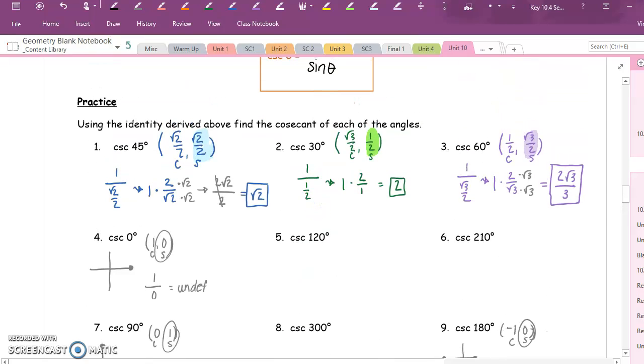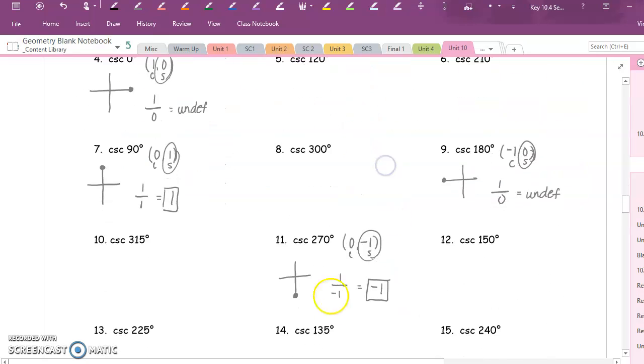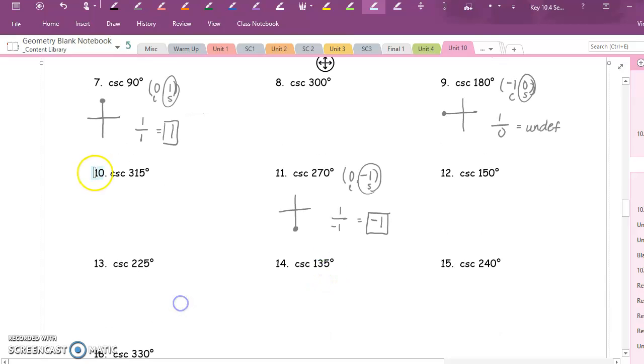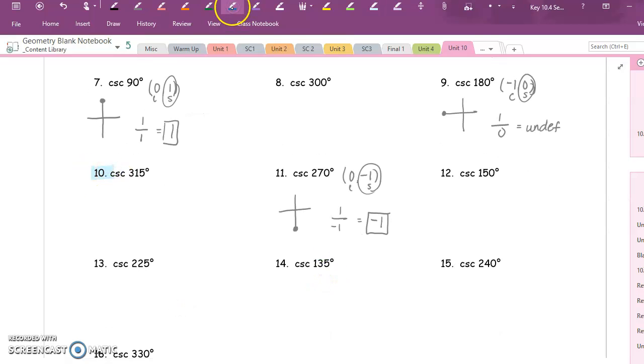Going back up to the top. So again, cosecant, all of this page, 1 over sine. So let's take a look at everything with 45 degrees as our reference angle. Anything that ends in a 5 goes with 45. Number 10 has to go with 45 because we have 315. 315 ends in a 5. This is 315.